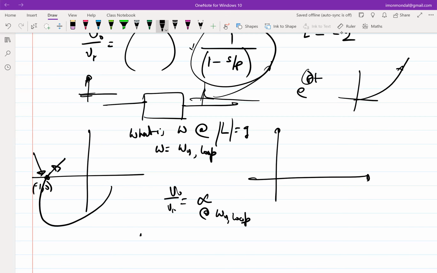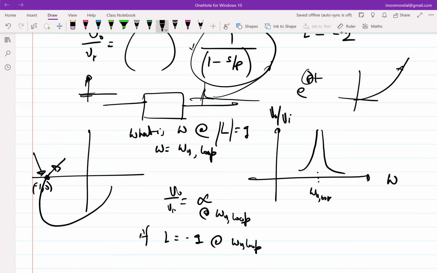So if L equal to -1 at omega U loop, which means that if I plot V0 over Vi, note that I'm not plotting L of S, I'm plotting V0 over Vi with respect to omega. What should I see? Somewhere around omega U loop, it should start to peak and it will go to infinity. And it will probably do something like this. So this is that case of infinite gain at a certain frequency.